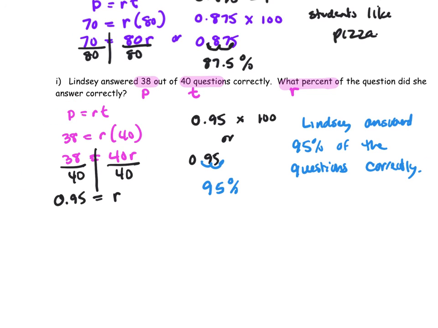When we divided 38 by 40, we had 0.95, a decimal, and the question was percent. So we multiply by 100, or scoop the decimal over two places to get 95, and we also have to remember to attach the percent symbol. The question we're answering is: Lindsay answered 95% of the questions correctly.